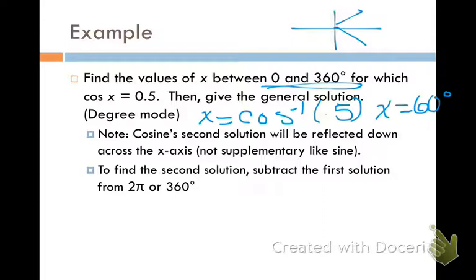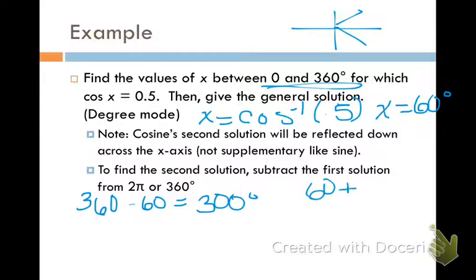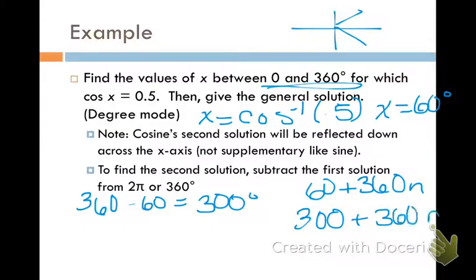We're going to subtract our answer from 360, or 2 pi if we were in radians. So 360 minus 60 gives us our second answer of 300. So the general solutions would be 60 plus 360n, in degrees, and 300 plus 360n. So instead of using 2 pi, in degrees, we'll say 360.